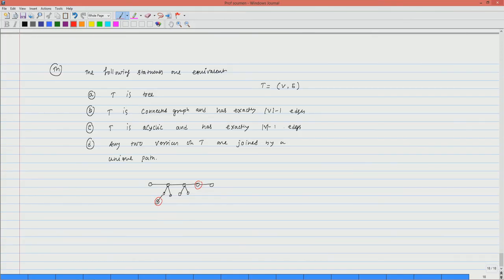Clearly you go from here to here, and this is the unique path between these two vertices. Okay? And since a tree is a connected and acyclic graph, any two distinct vertices are joined by a unique path.